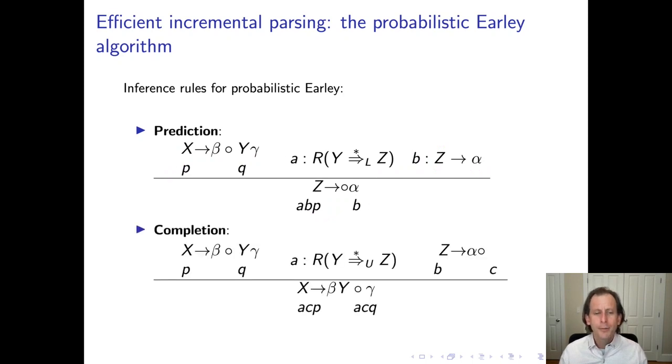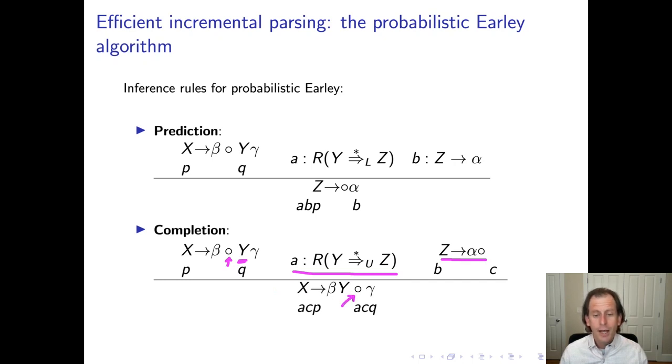And then the completion operation says if I'm looking for a subgoal Y, and I can, through the unary matrix, get from Y to Z, and I have a completed Z at the right place, then I can complete my subgoal Y, so this little dot which indicates which of the goals I've completed moves forward.